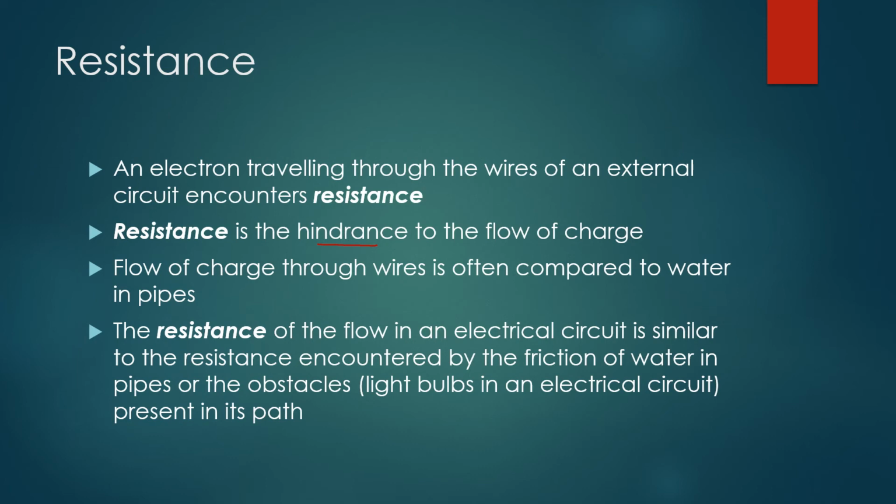The resistance would be when there's a clog or any friction in the pipe, because you need that water to go around the clog. So it's going to slow it down. Resistors do the same thing. When that electrical charge encounters a resistor, it might slow down. It's got to go through that obstacle to continue moving on.